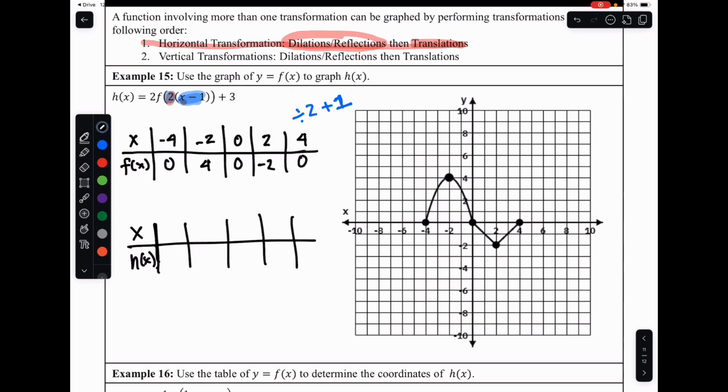So let's start with the x value. We're going to start by getting -4, dividing it by 2, which is -2, and adding 1 to it. So that gives us a total of -3.